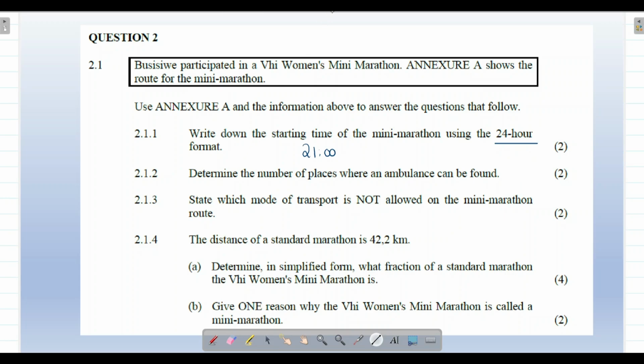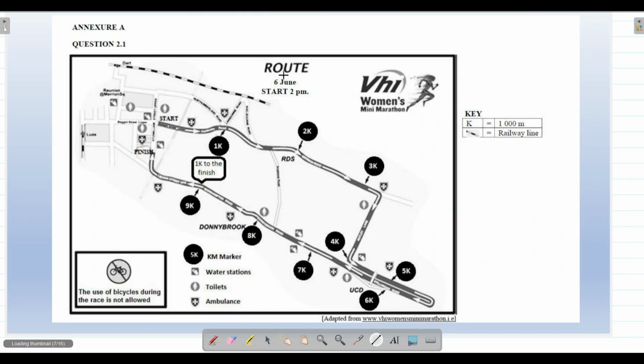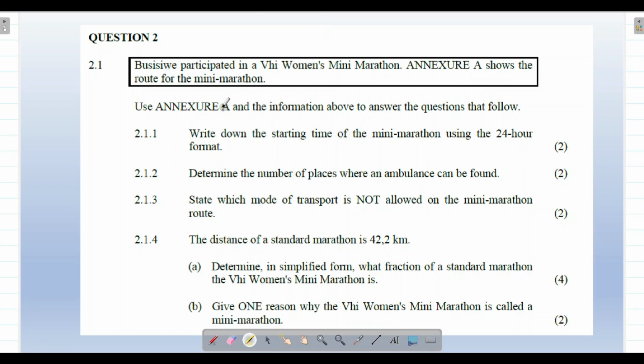Okay, so now going back to the question, if they ask us to write down the starting time of the mini marathon using the 24-hour format, you have a look at your annexure A, and we see that the mini marathon starts at 2 p.m. So if it starts at 2 p.m. and we need to use the 24-hour format, it's just going to be 1400 hours.